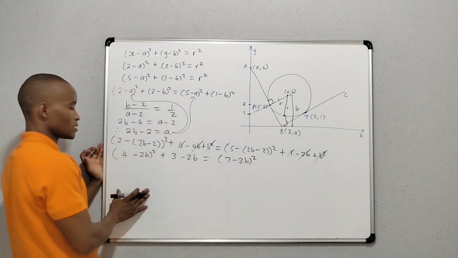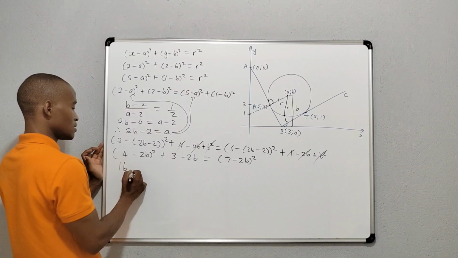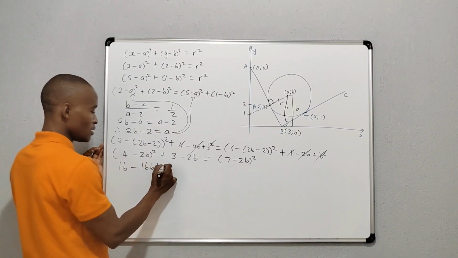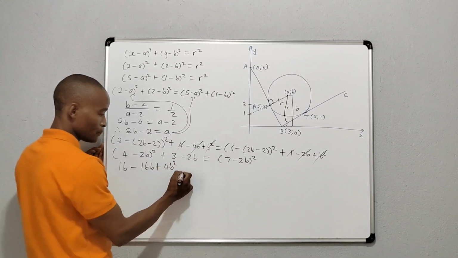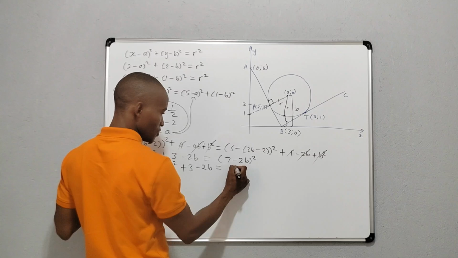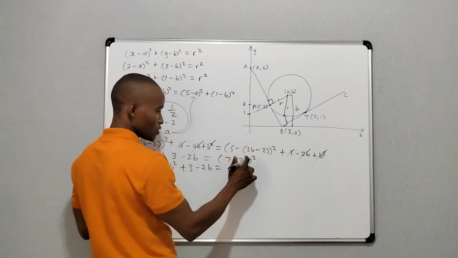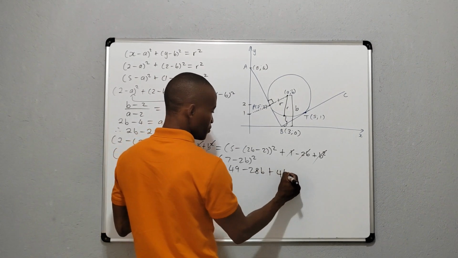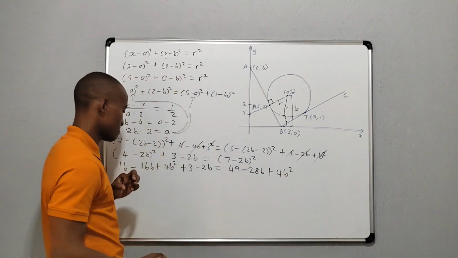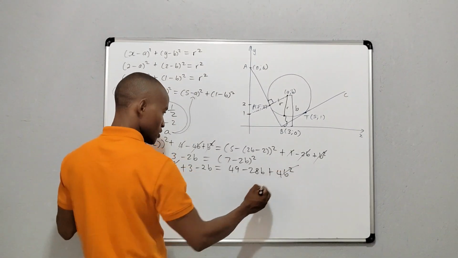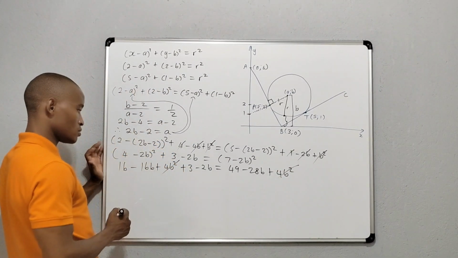Now we expand this side, we have 16 minus 4 times 2 times 2 is 16b plus 4b squared plus 3 minus 2b equal to 49. 7 times 2, 14 times 2 minus 28b plus 4b squared. All right, so let's see, 4b squared minus 4b squared, 0.